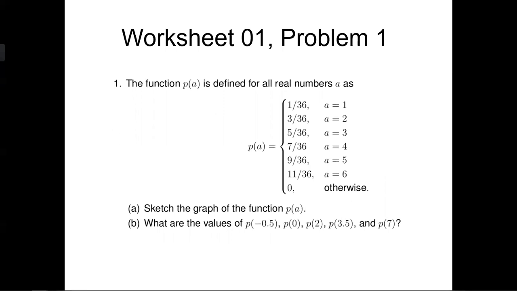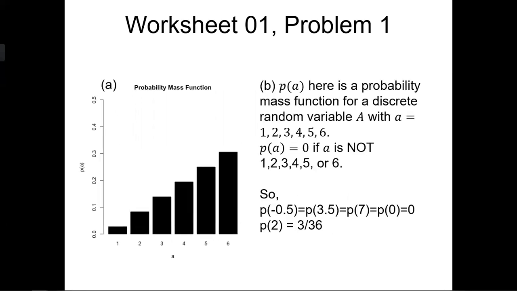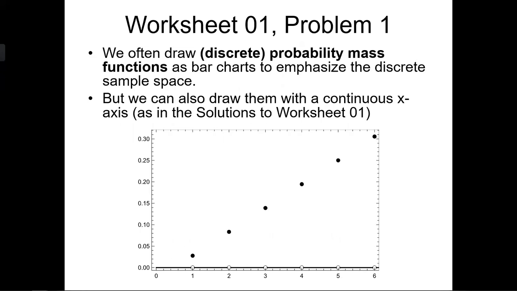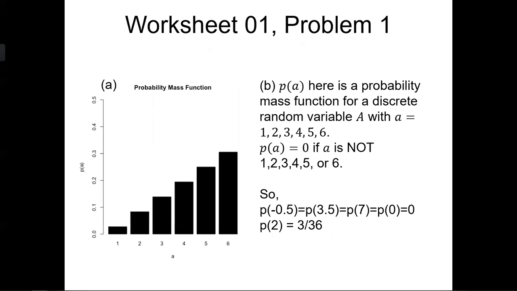The first part is to sketch the graph, and then we have to find the probabilities of the others. So, how would we sketch? Remember in worksheet 1, we sketched it as these little dots. That is fine too, but let's learn another way, which is this.